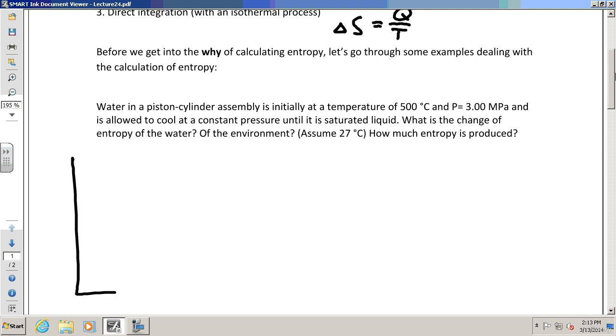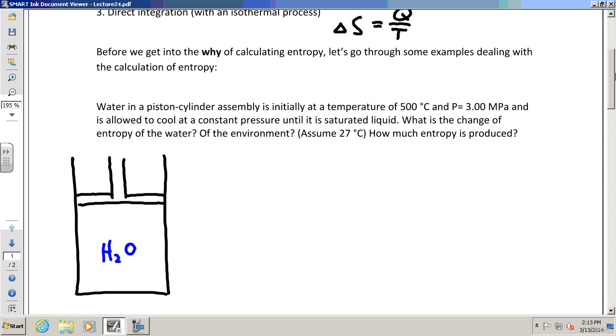Here's an example. We're going back to the old piston cylinder assembly. We've got a piston cylinder, and we've got water. This time it's initially steam, at a temperature of 500 degrees Celsius and a pressure of 3 megapascals.